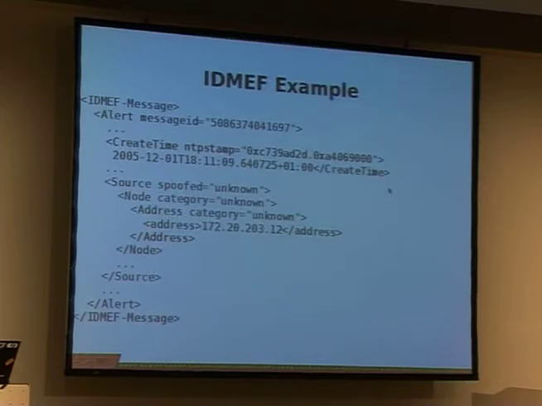On the next slide, I have a very minimalized example of an IDMEF message in XML notation. You see every message gets an alert ID. This is a unique ID.